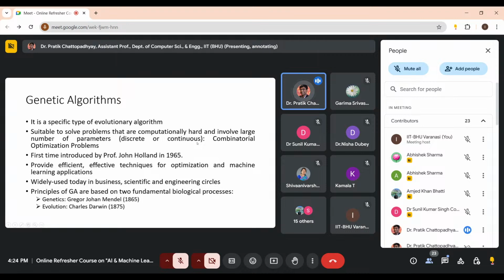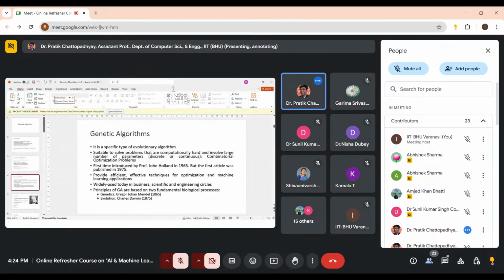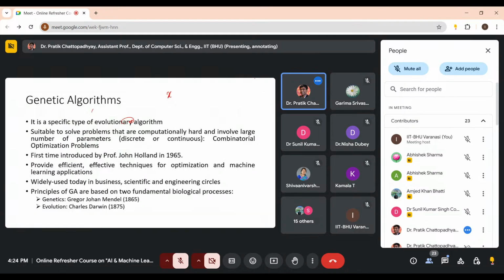So for example, let's say x square equals 9 and I am telling you x is greater than 0. So we know the answer.